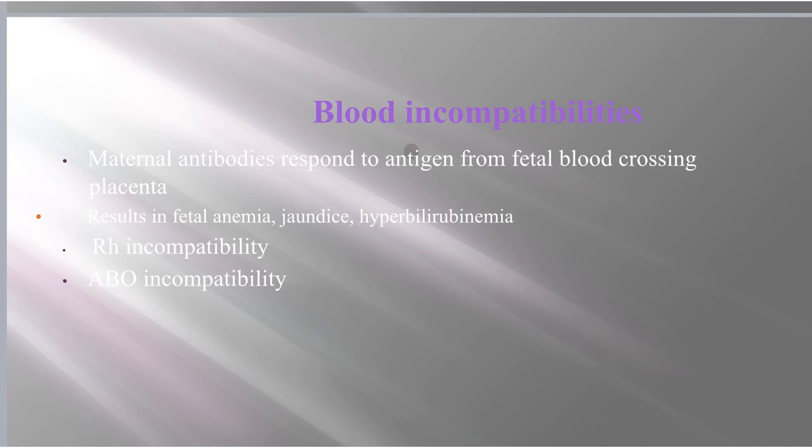Okay, incompatibility issues. This is where we get concerned with high levels of bilirubin. Maternal antibodies respond to antigens from the fetal blood that crosses the placenta. These things result in fetal anemia, jaundice, and hyperbilirubinemia.